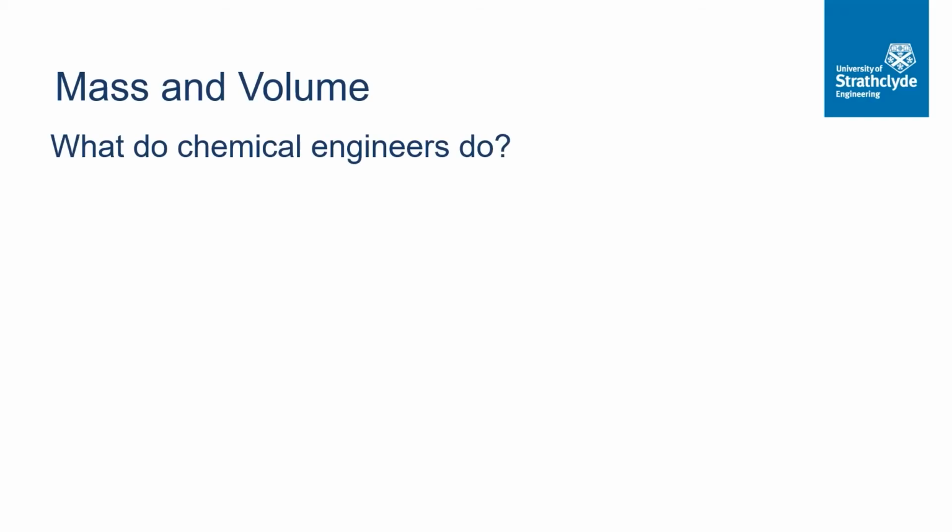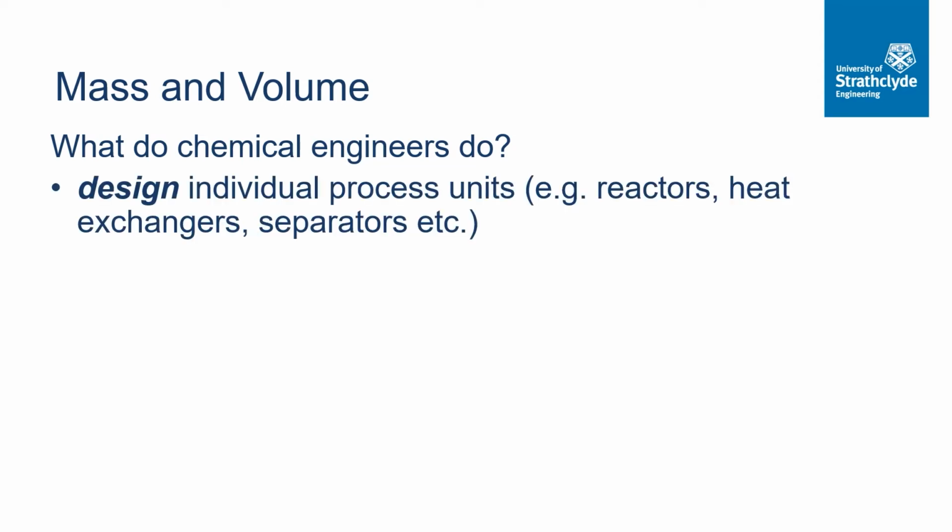So the reasons we are so concerned with mass and volume relates back to what chemical engineers do. So what exactly is that? Well, first of all, chemical engineers design and build various process units which involve some change of material, be that a reactor, heat exchanger, separator. All of these involve some change of material.